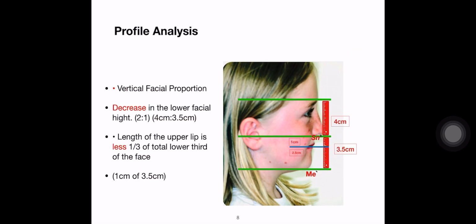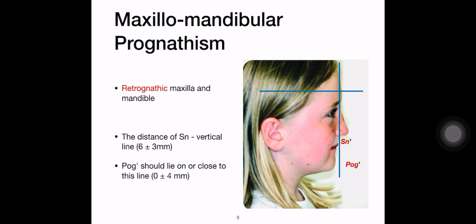And regarding the vertical facial proportion, she has a decrease in the lower facial height, and the length of the upper lip is less than one third of the total lower third of the face. Maxillomandibular prognathism, we can measure it by a horizontal line parallel to the floor, dropped by a line from the glabella.